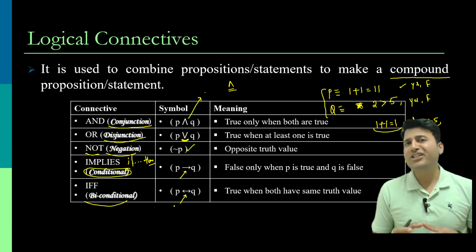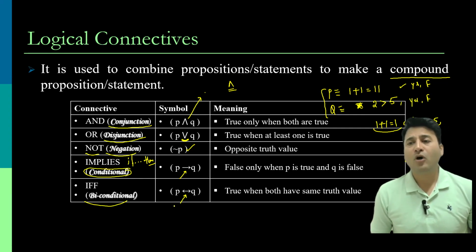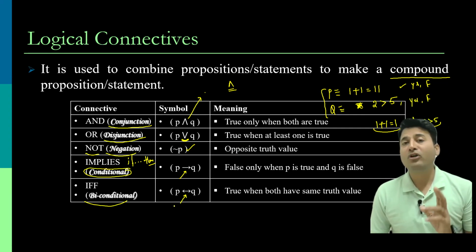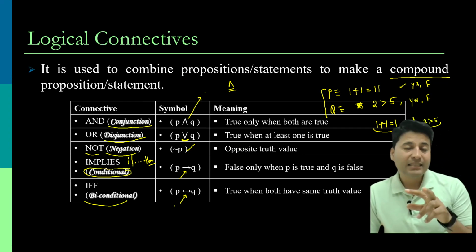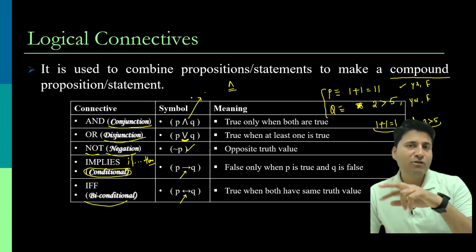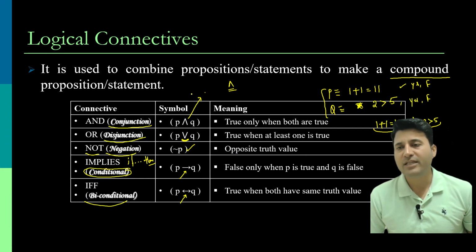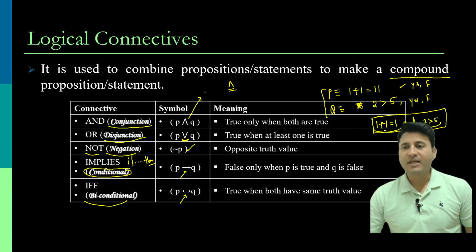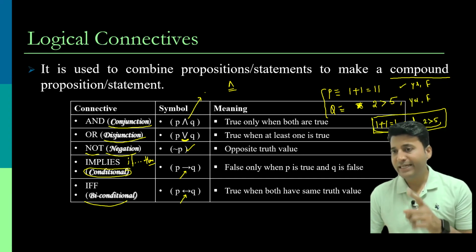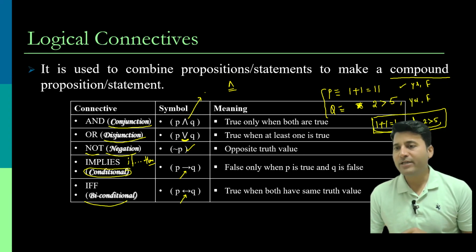If two propositions are given and they are connected by AND, then the compound proposition will be true only if both of them are true. So if both inputs are true, then the compound proposition comes out as true. For example, if I am interested in finding the truth value of this compound proposition, which is 1 plus 1 equals 1 and 2 is greater than 5.